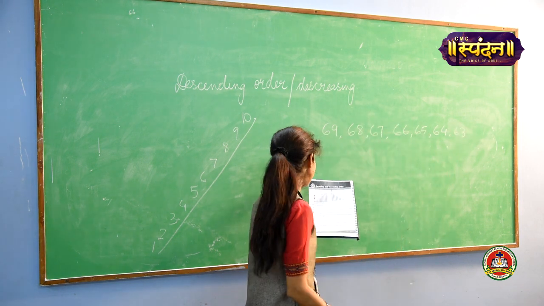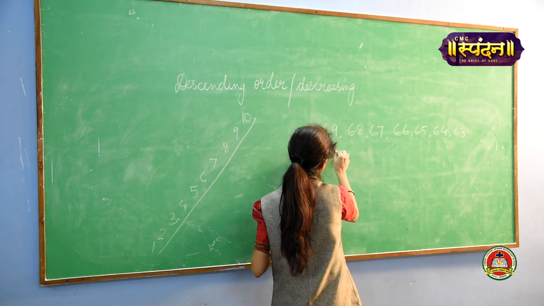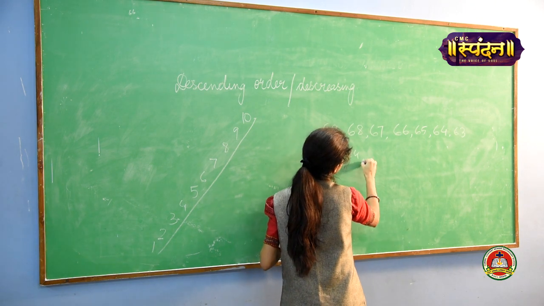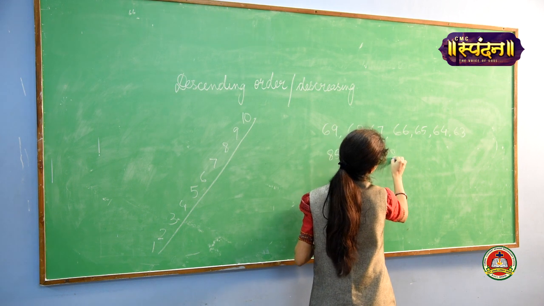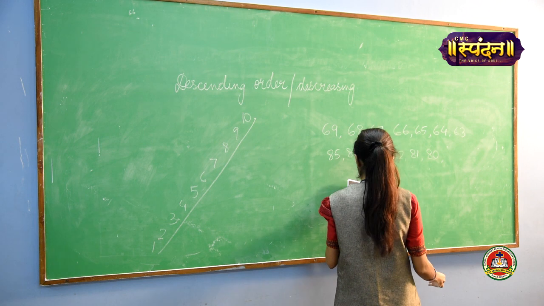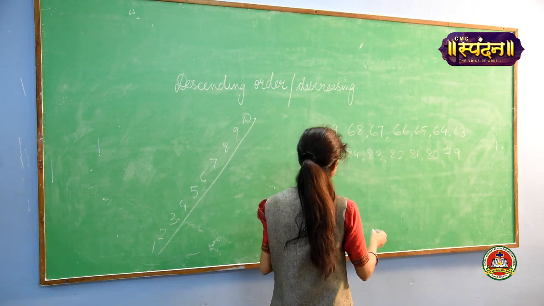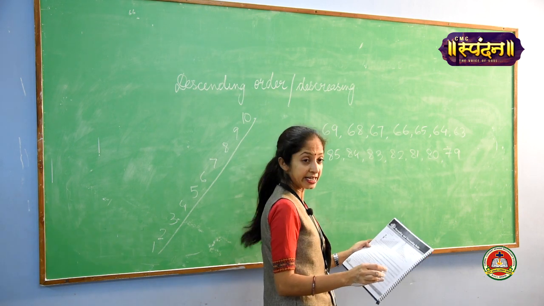Next is 85 to 79. Just we will move back 85, 84, 83, 82, 81, 80 and 79. Okay.